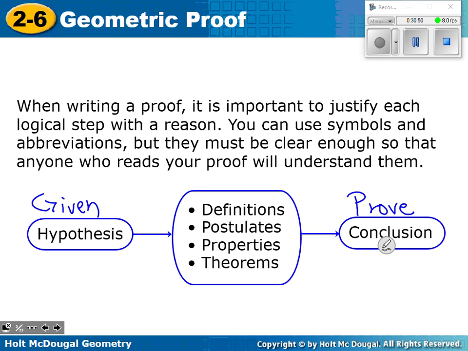And the way you're going to get from the given to the prove is you're going to use your definitions, your theorems, your postulates, your properties that we have learned to back up every single statement.